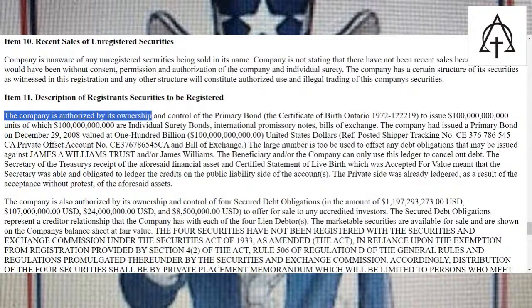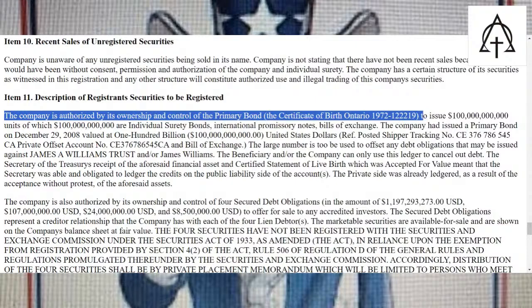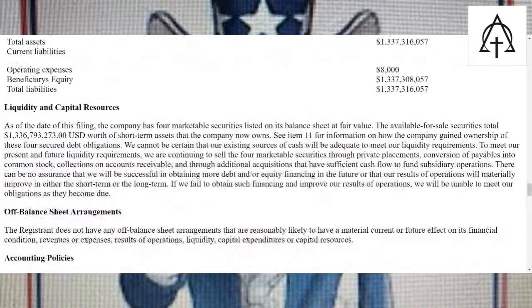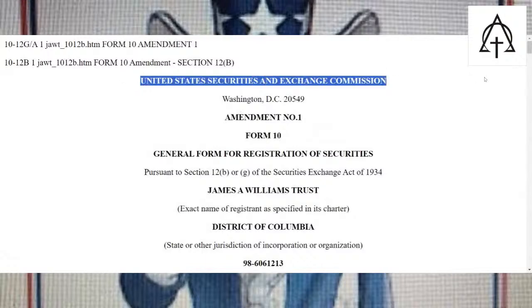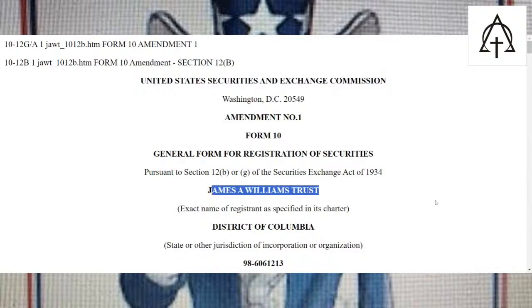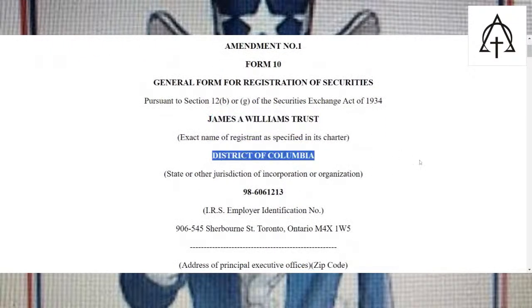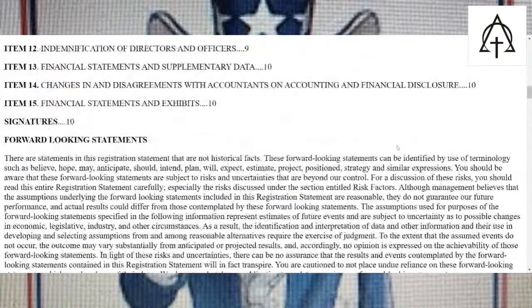The company is authorized by its ownership and control of the primary bond, the birth certificate, or the certificate of birth, Ontario. This is from Canada, and we are dealing with the Securities and Exchange Commission of the United States because it's the World Securities and Exchange Commission. They deal with world securities, okay? And it's the James A. William Trust, and it's trusted in the District of Columbia as a business trust, and he is the director.